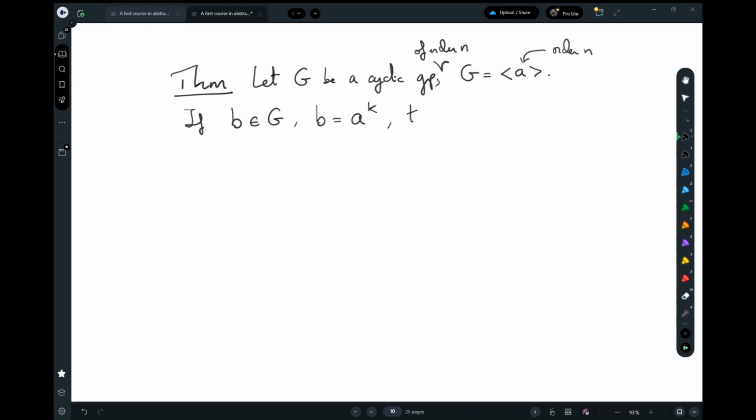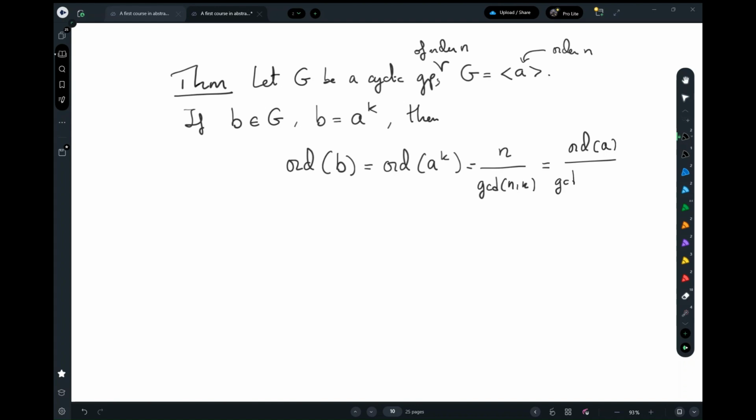It turns out that the order of B, which is the order of A to the K, will be n divided by the GCD of n and K. Or in other words, it's the order of A divided by the GCD of the order of A and K. So this gives me a formula for the order of any other element of a finite cyclic group. Here is how the proof goes.